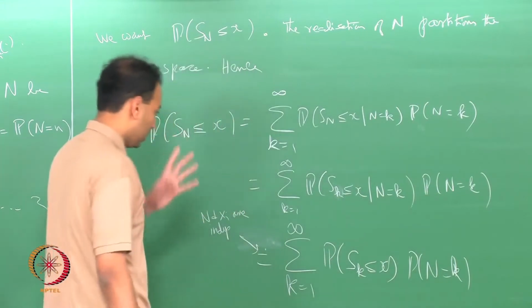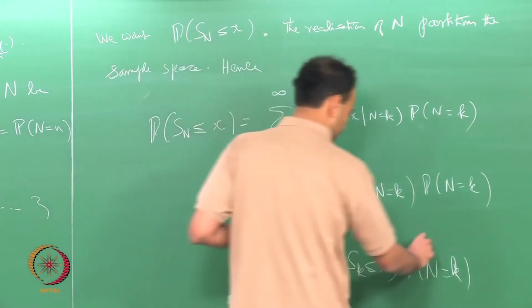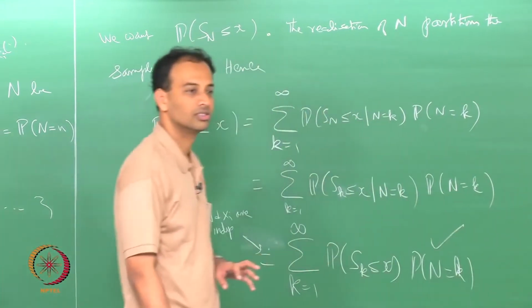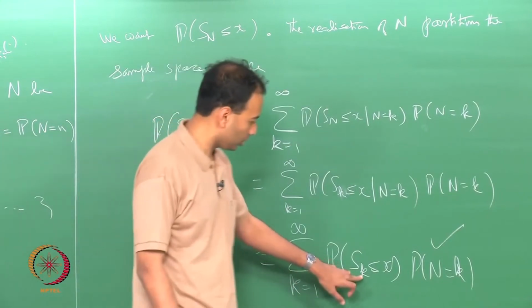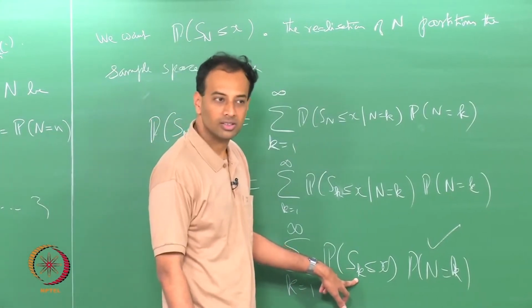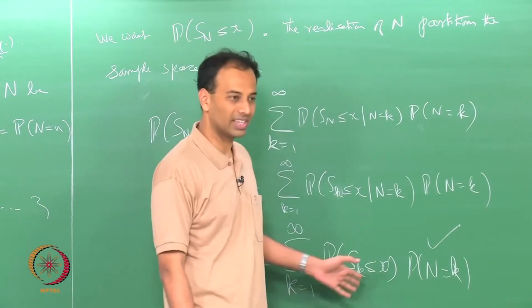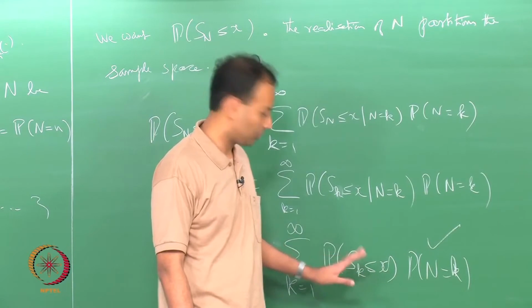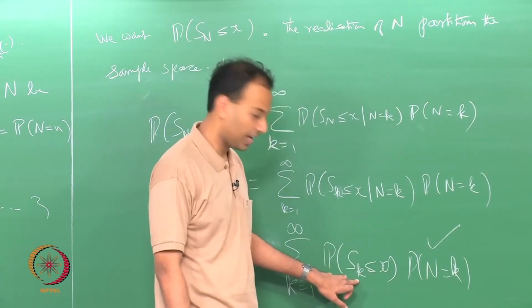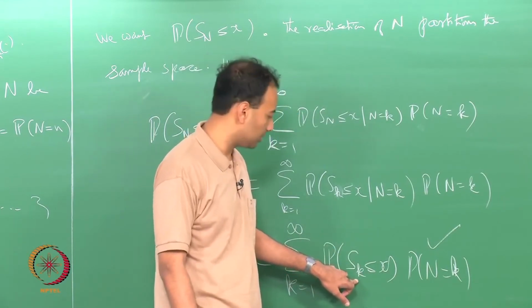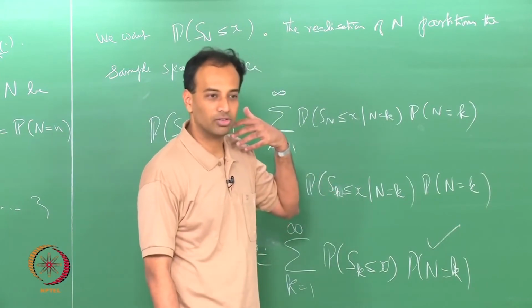Okay, great. Now, this first term, as I said, is known to us, and is this known to us? This will simply be the CDF of S_k. Now, k is a deterministic number for every term. So, S_1 for example is simply X_1, and we know the CDF of that.